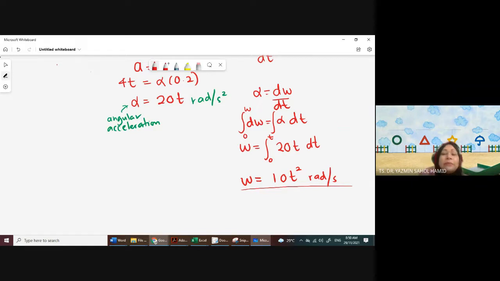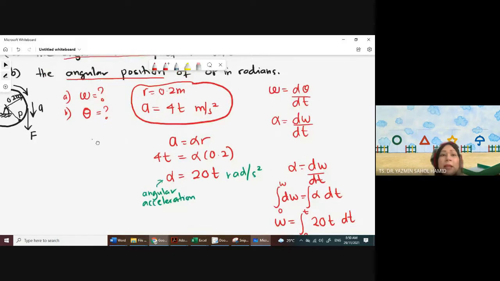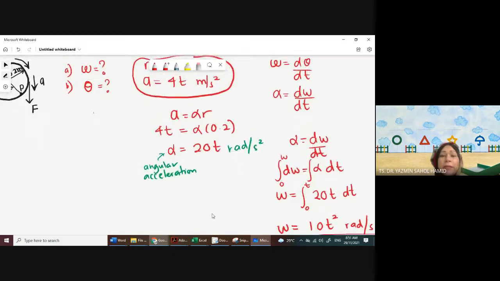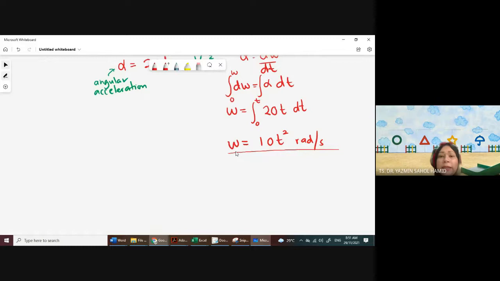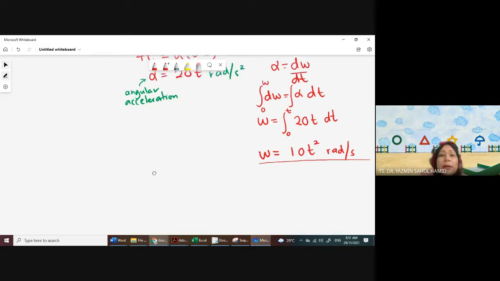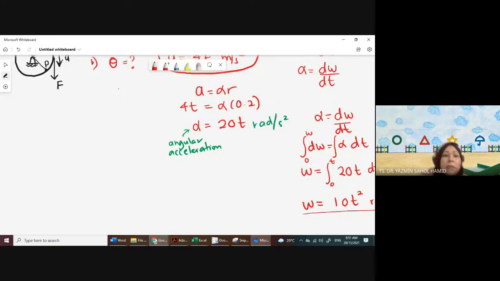Okay, next question. What does it want? Angular position. Now, can you guess how we get angular position? What can we do? From omega, do we integrate or differentiate to get angular position? Class? Are you okay? Integrate. So, you remember omega equals d theta over dt.